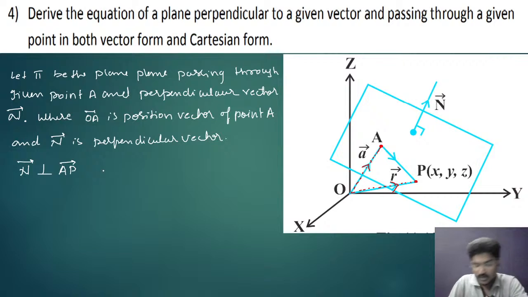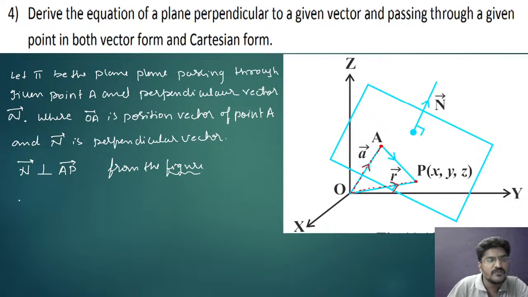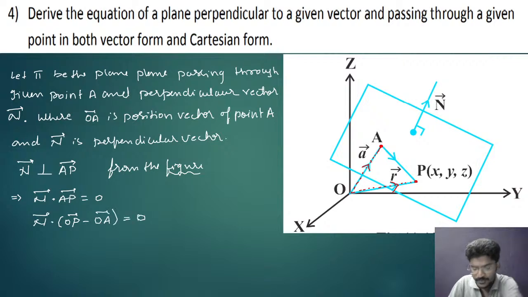Vector n is perpendicular to vector AP from the figure. From the figure, you can see this. So therefore, this implies n dot AP equal to 0. That is n dot (OP minus OA) equal to 0.